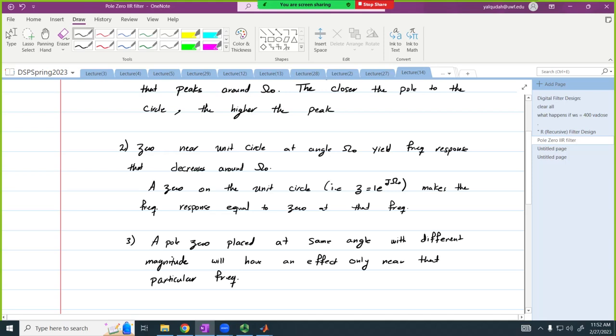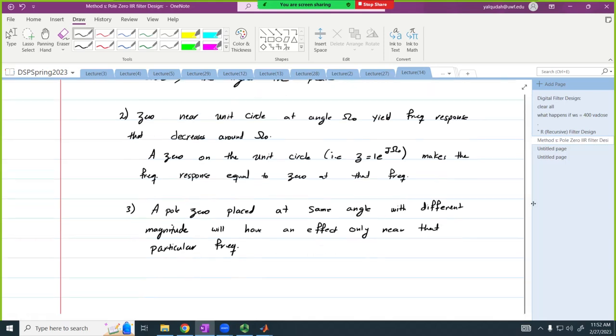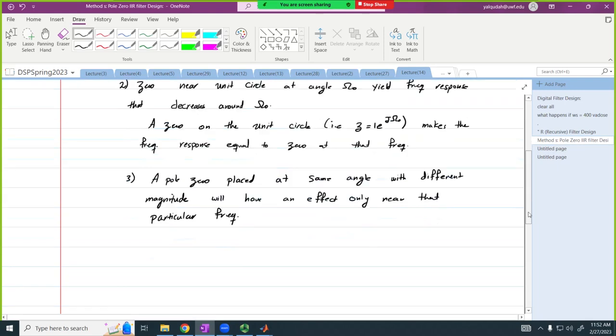So if we have a pole and a zero that are very close to each other, then their impact will be local. When I move away from them, their impact will cancel each other. But when I'm very close to them, they will have a big impact.